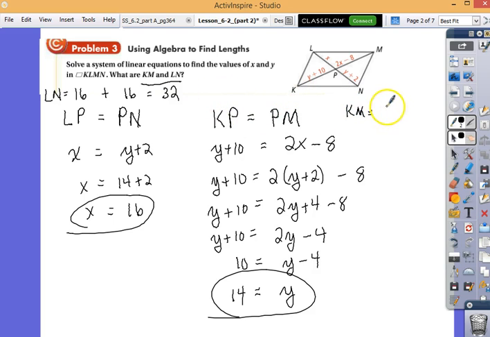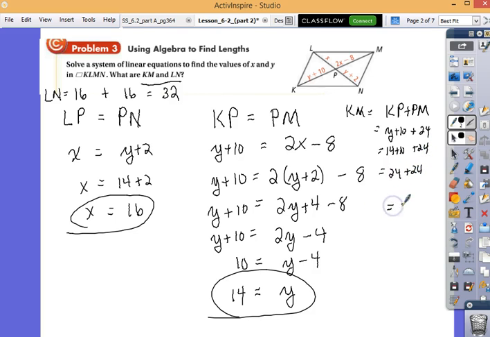And then KM is going to equal KP plus PM. So KP is y plus 10, which in this case is 14 plus 10, which is 24. And since those two are equal, the other one has to be 24 as well.